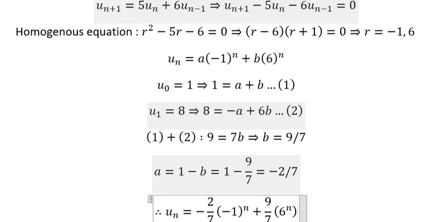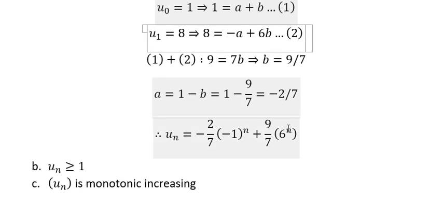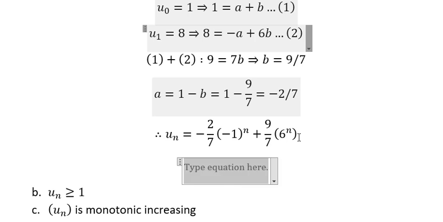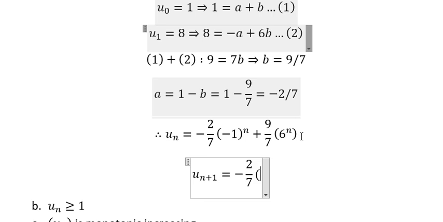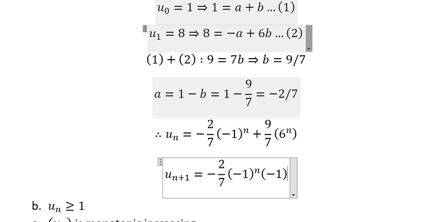Now let me start manipulating. Let us take Un plus 1 minus 6 Un. So having Un to be this, what is Un plus 1? Un plus 1 will be equal to negative 2 over 7 times negative 1 raised to the power n plus 1, which is the same as negative 1 to the power n times negative 1.